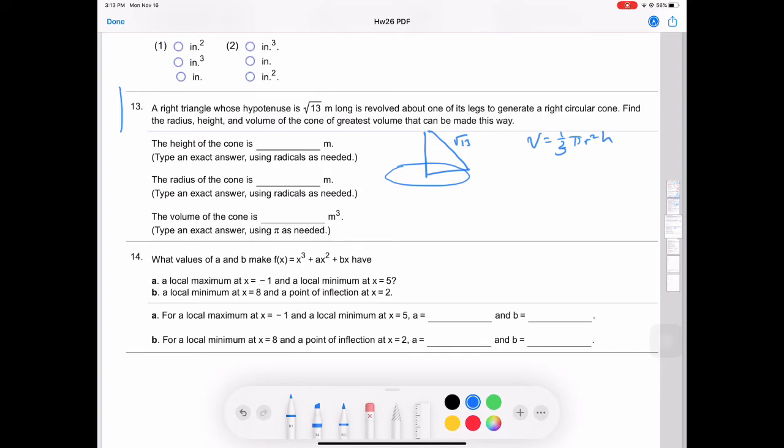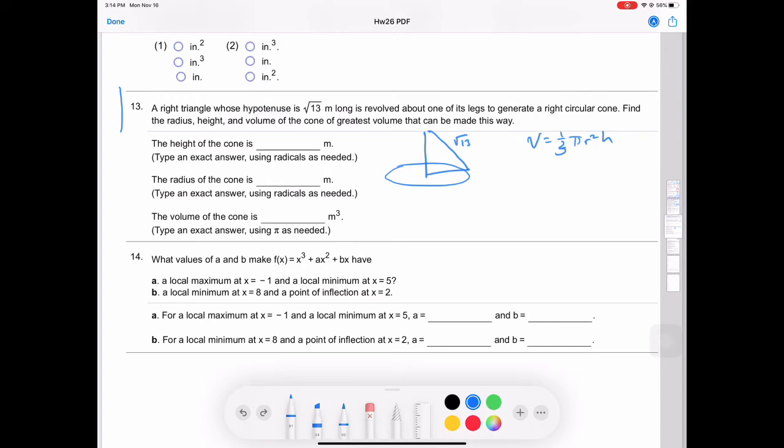The idea is this could be shrinking or increasing, because it didn't tell us a height. So we're trying to find the greatest volume.